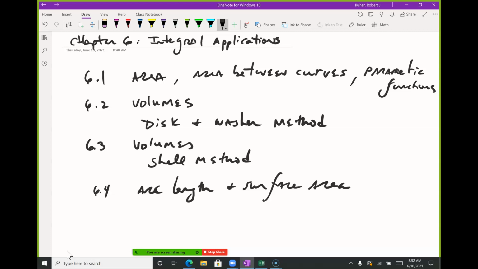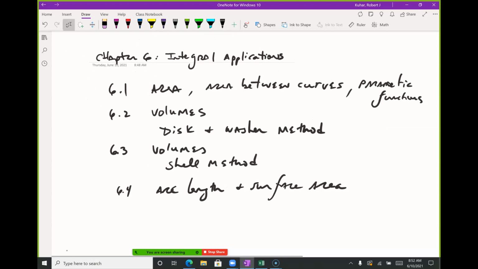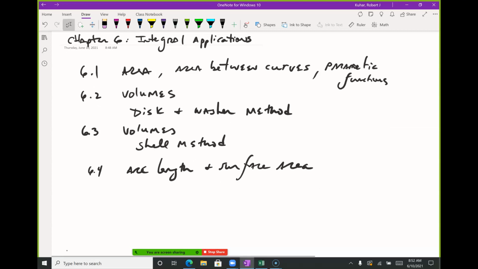Certainly, you can see an application of surface area to engineering, right? The length of an arc, right? And then 6.5 is centroids.